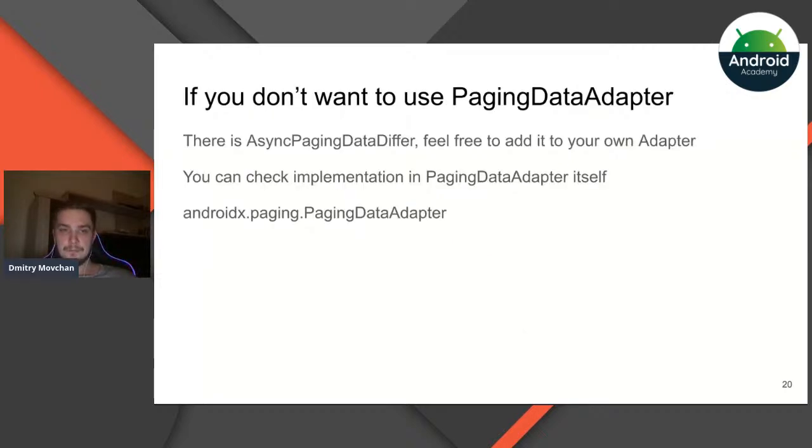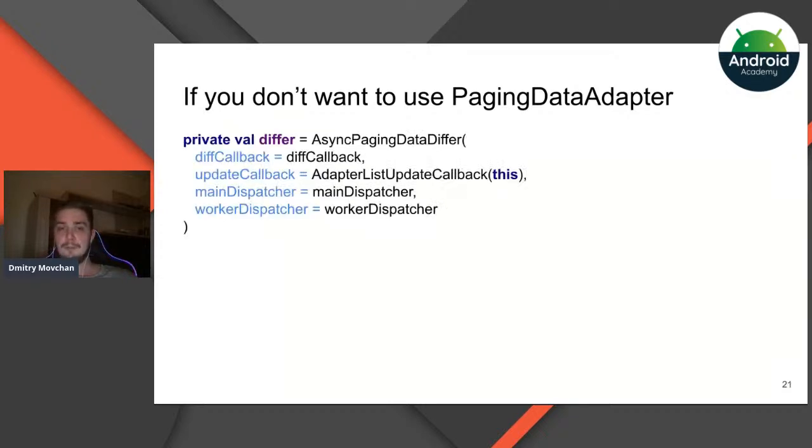Moving on, if you don't want to use PagingDataAdapter in your application, and you have your own adapter, for example, you can use the AsyncPagingDataDiffer. This class is used in PagingDataAdapter itself. We can see the example inside the PagingDataAdapter, where the differ is created.